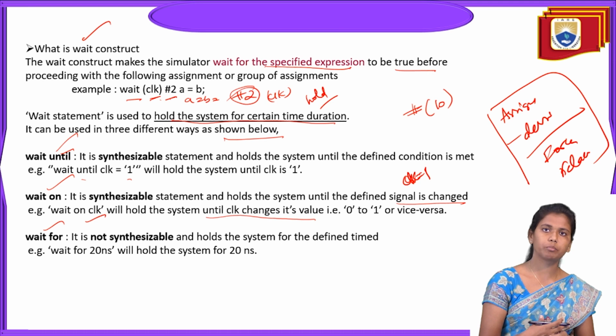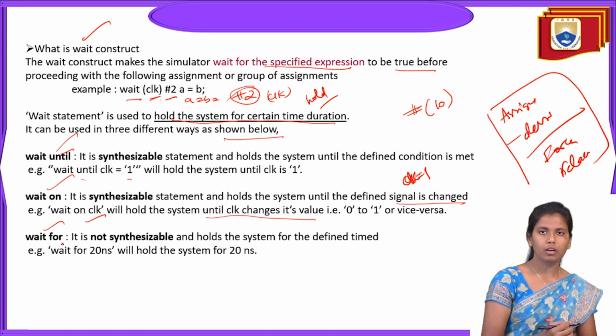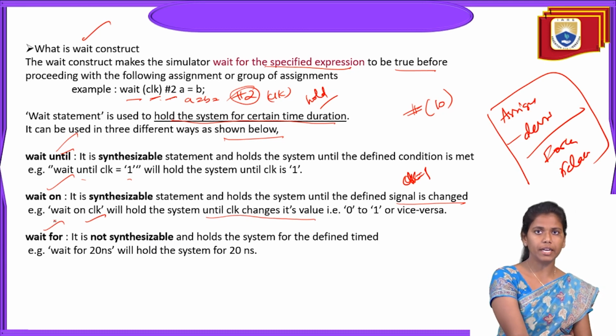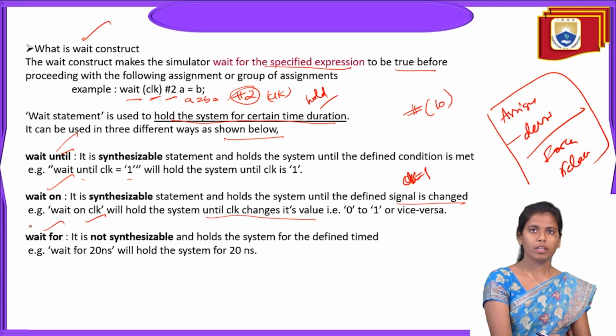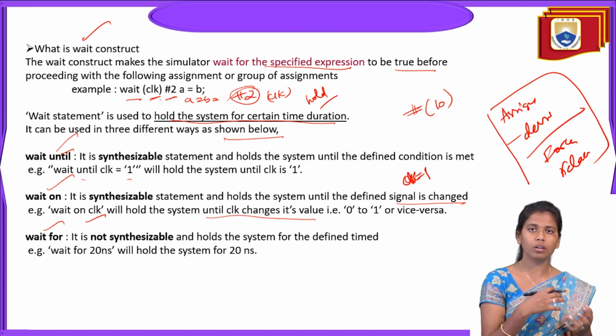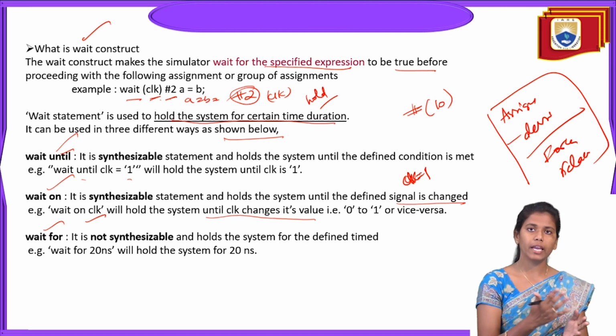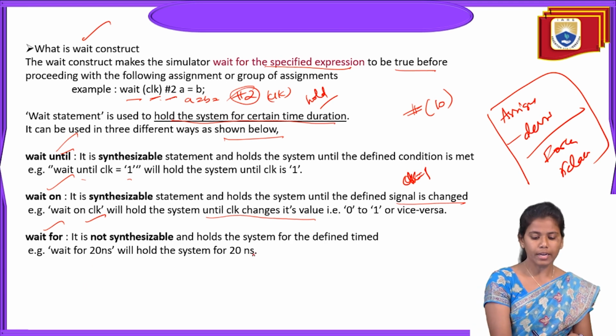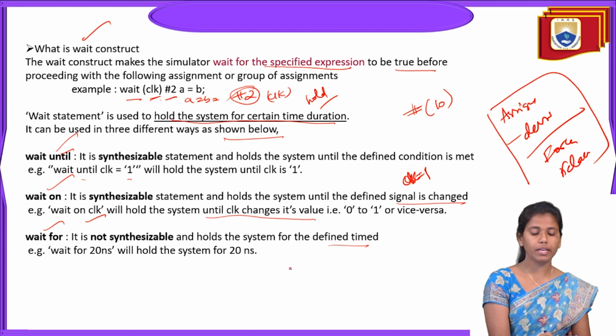And one more construct pertaining to wait is wait for. Wait for is non-synthesizable, whereas wait until and wait on are synthesizable, meaning they can be simulated and checked for errors or bugs. Wait for holds the system for a defined time.